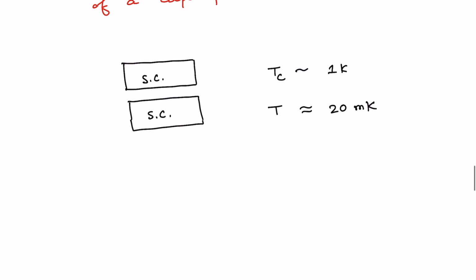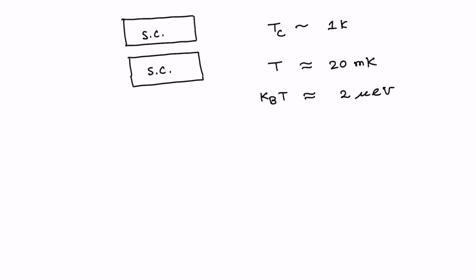20 millikelvin means the thermal energy kBT, where kB is the Boltzmann constant, if you put in the numbers, gives around 2 micro electron volt. This has a clear significance, and I'm coming to that soon. Now, what about the charging energy?